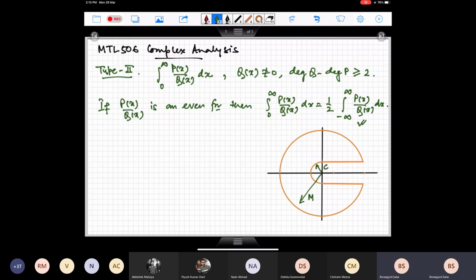So the bigger one is M, the smaller one is epsilon, and then I wish to integrate like this, like this, like this, and like this. Okay, so this is the path which I wish to take, and this path has some problem.